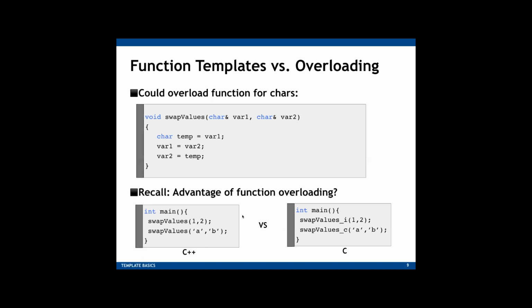If you compare these two, this one is much better because we are using the same function name, but we pass different types of arguments. This looks better. For the other one, we use two different functions for dealing with int type values and character type values, and you have to remember all the function names for dealing with other types of values. So this shows the advantages of using function overloading.